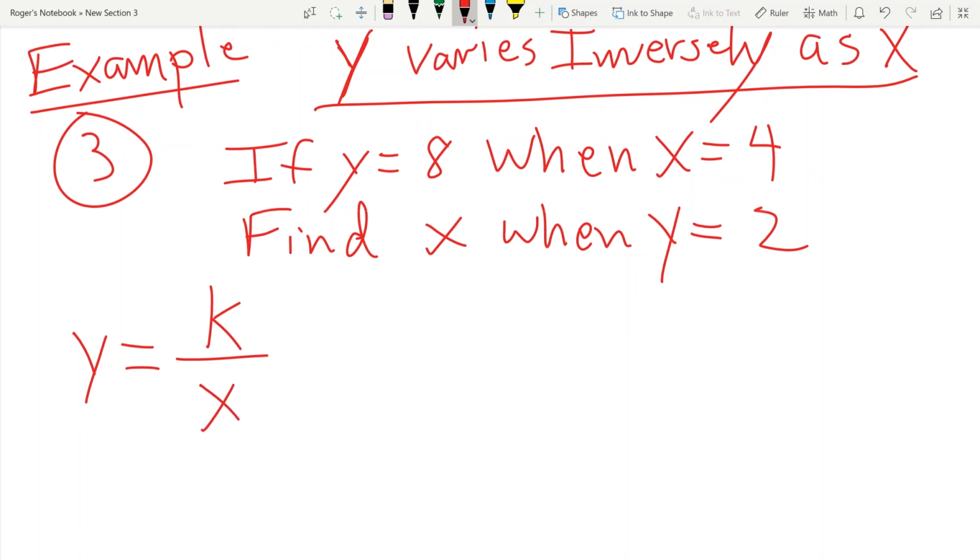Okay? That would be inverse variation. So we're saying if y equals 8 when x equals 4, find x when y equals 2. So cross multiply here, multiply both sides by x if you like, and we get the following.